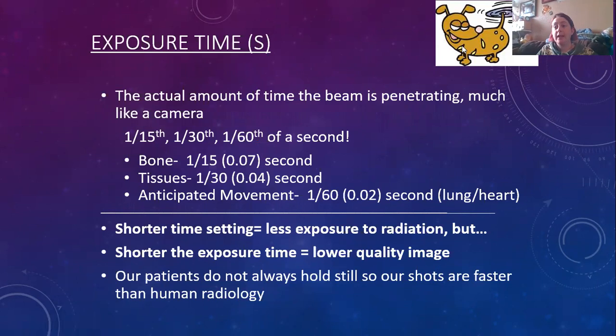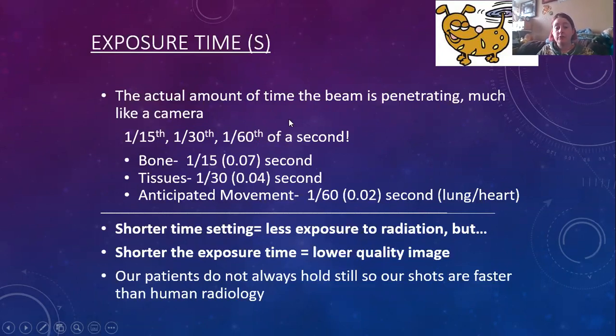And so what we have next is our seconds, which is the other portion of MAS, and the actual amount of time that the beam is penetrating through the animal. This is very much like our camera and our shutter speed. So typically what we're working with is a 15th, a 30th, and a 60th of a second. Bone is typically going to be at a 15th of a second, or if we take 1 divided by 15, it's 0.07.